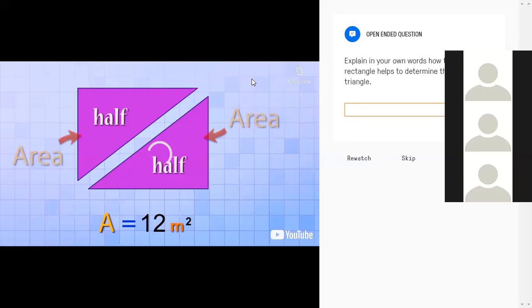By explaining how knowing the rectangle's area helps us know the area of the triangle. You will have to say it out loud, because again, I cannot see the chat box during the video. Somebody? I am guessing only. I don't know for sure.